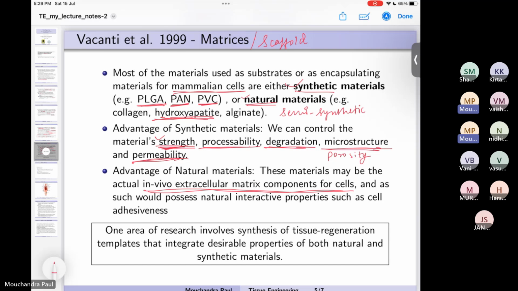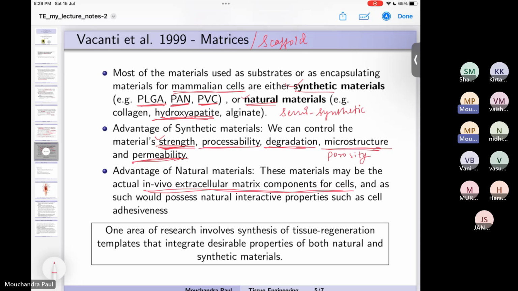So it is easy for them to recognize the substrate and adhere, and then subsequently, step by step, show cellular fate processes.